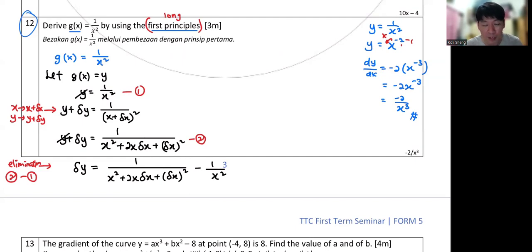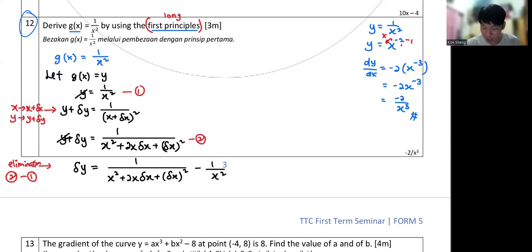So then this one needs to simplify. These two fractions, how do we minus them? Fractions need to have the same denominator.